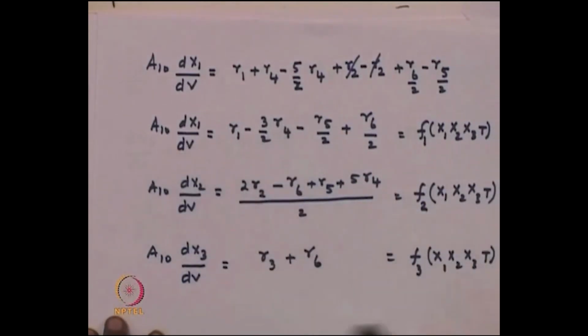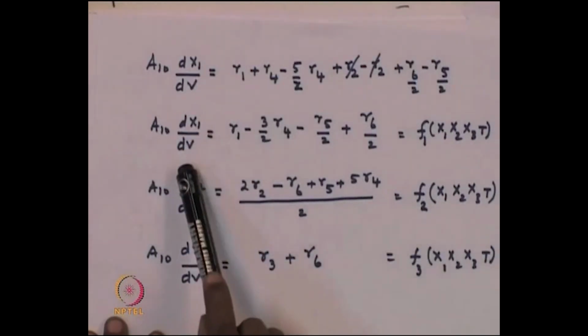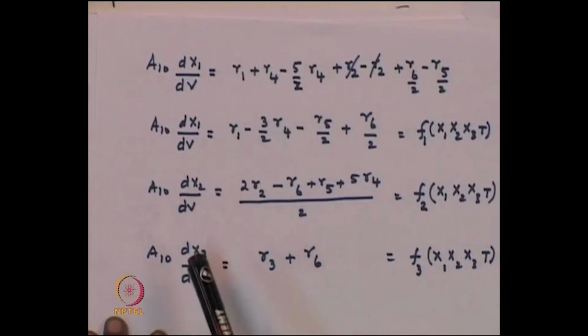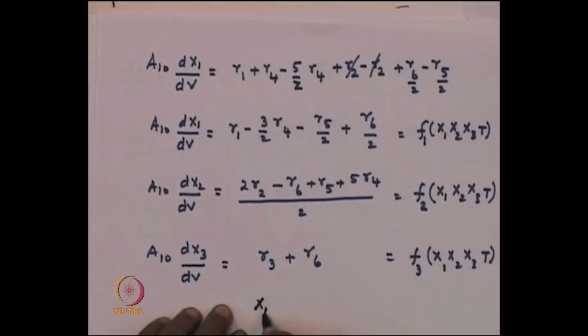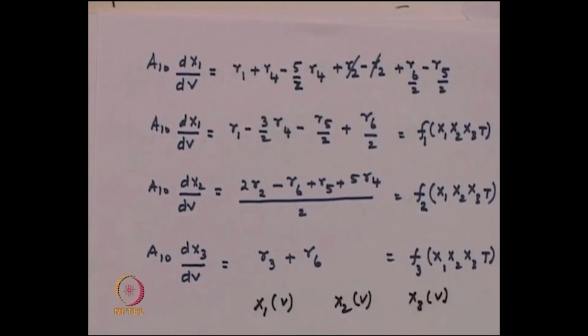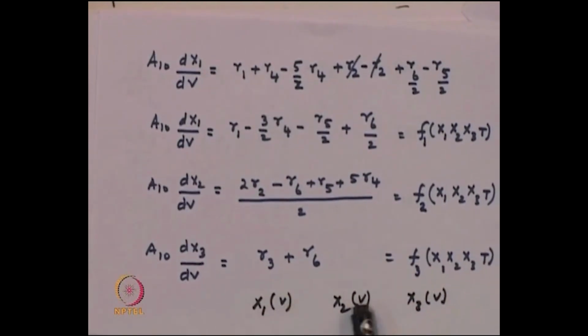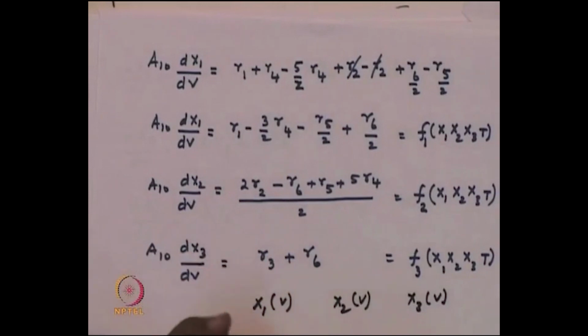Therefore, you can integrate forward and then determine what happens to x1 as a function of volume, x2 as a function of volume, x3 as a function of volume. Essentially, what returns to you from this integration are these results, and this is what we want in a design or simulation or in a control problem. We want to tell what happens to x1, x2 and xr as we change our system. Okay. I will stop there.